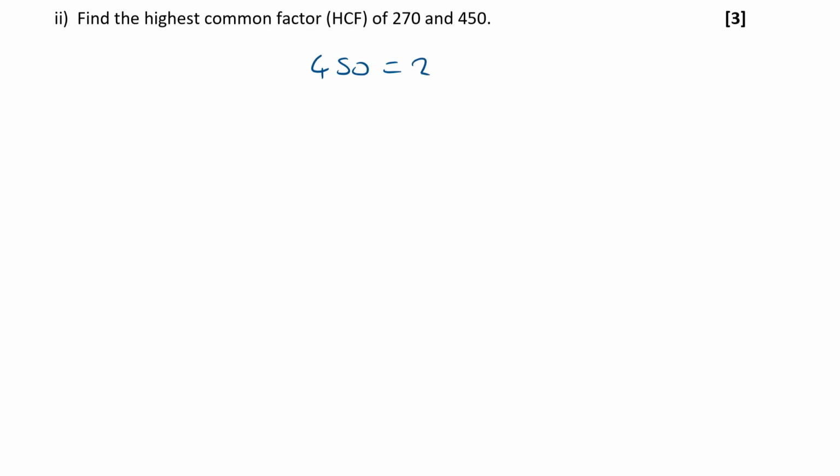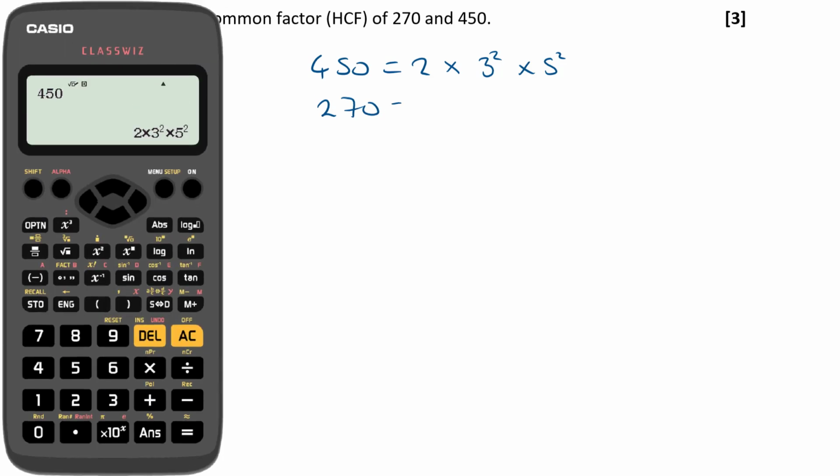It was my answer from the last part of the question. I'm going to do the same thing with 270. So I'm going to type that into the calculator, 270 equals, and then pressing the factor key will break that number down to a product of its prime factors. It's 2 times 3 cubed times 5.